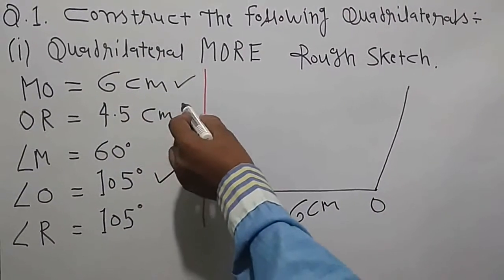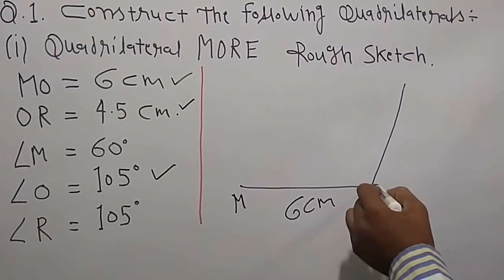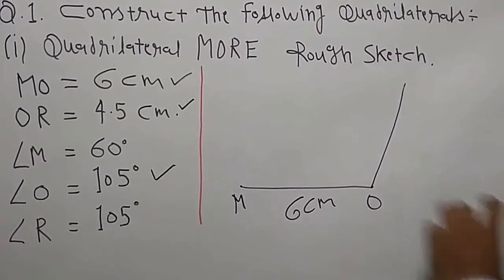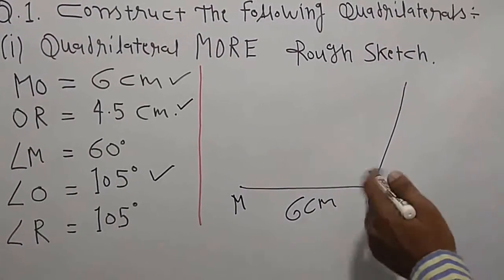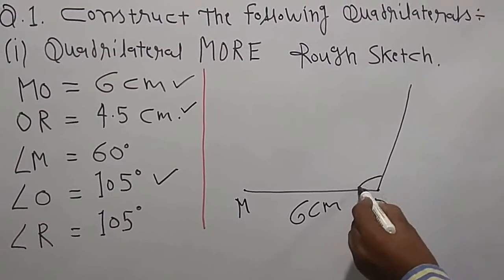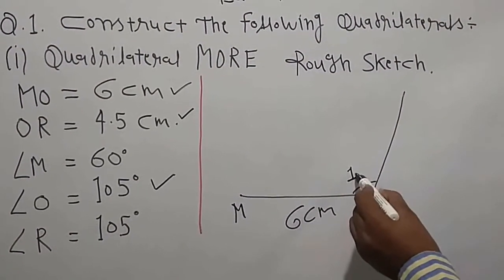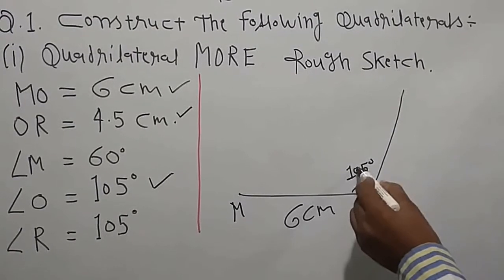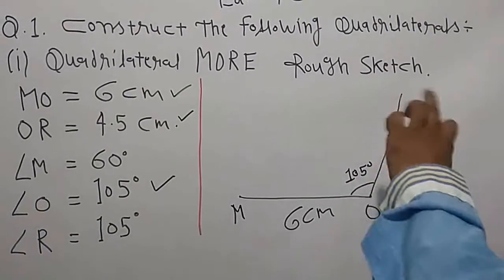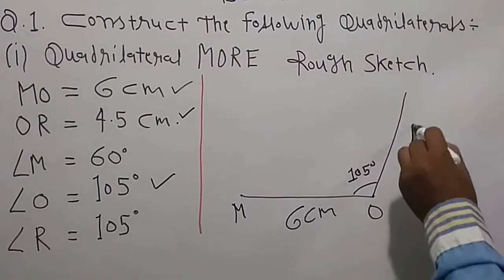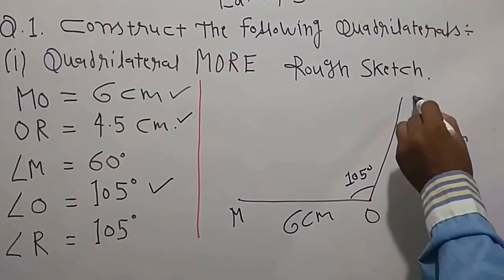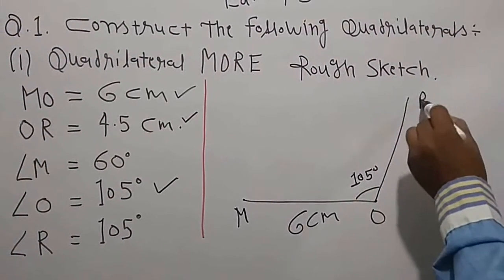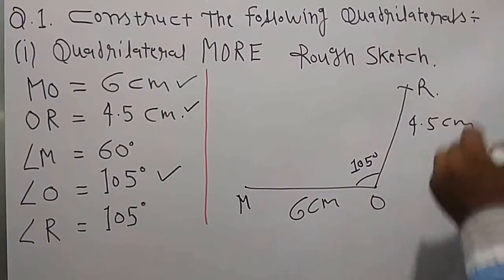Then OR equal to 4.5 centimeter. Now you open your rounder 4.5 centimeter and draw one arc on this ray. It gives you the point R here.